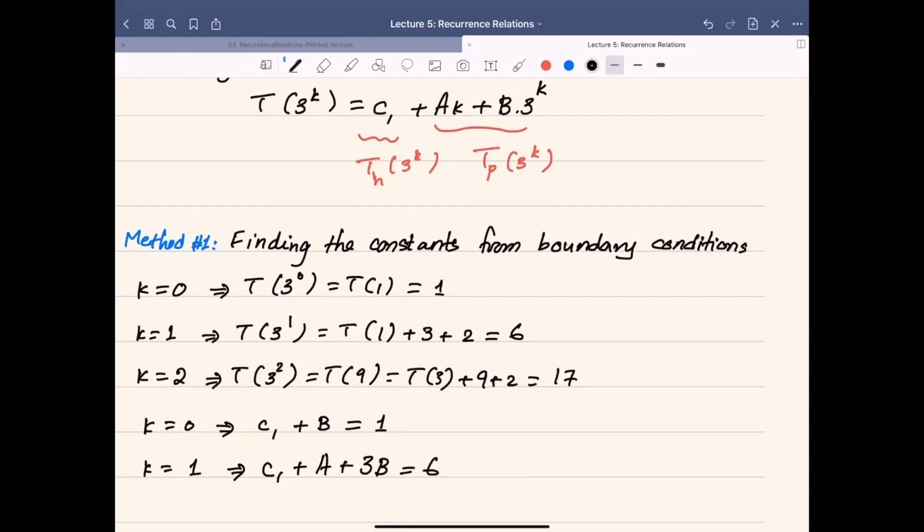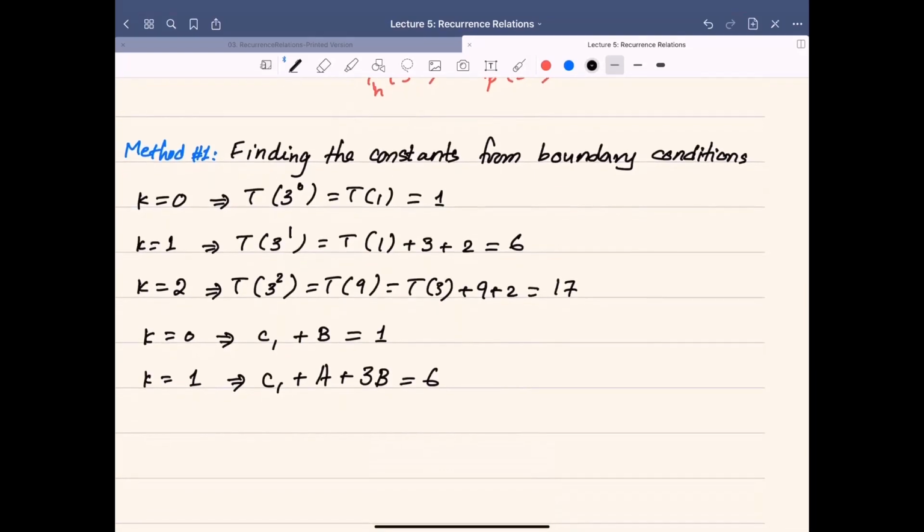And last, when K is equal to 2, we will have C1 plus 2A plus 9B is equal to 17. So we have three equations.